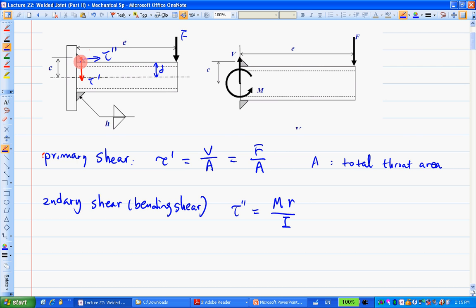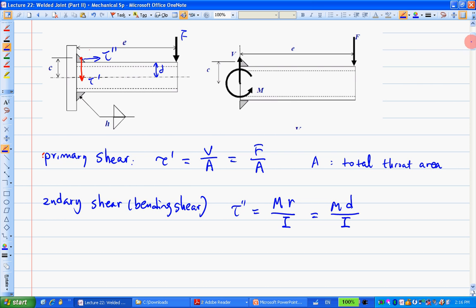However, that distance in general will be very small compared to this D, so to simplify, we can neglect that small distance. We can just use D, basically half of what this member is, and then divide by the I.